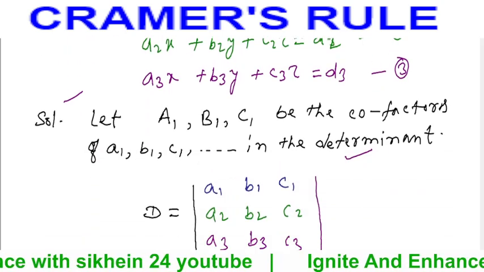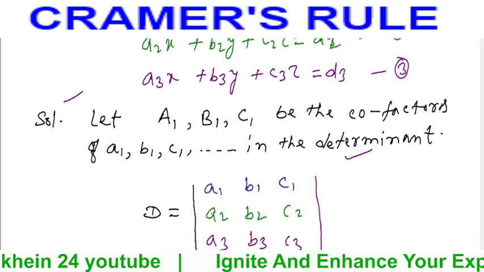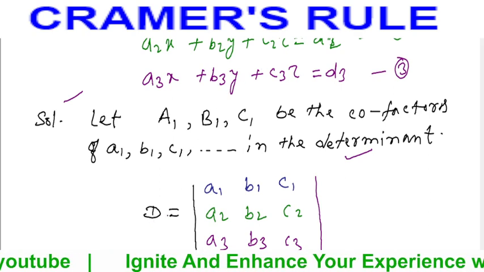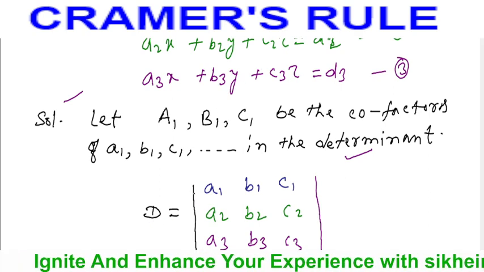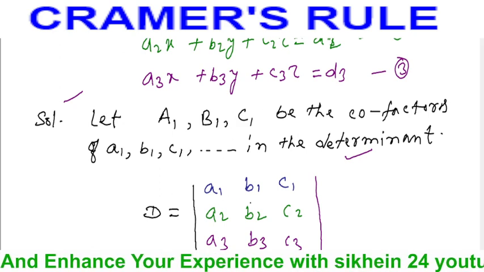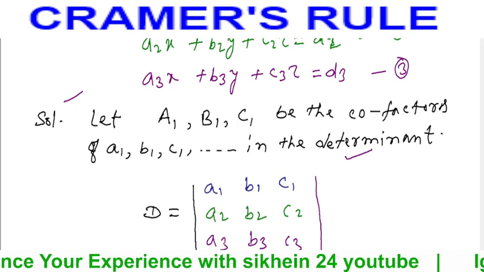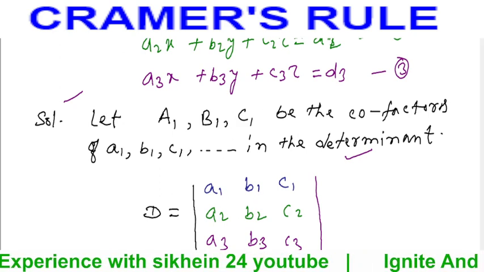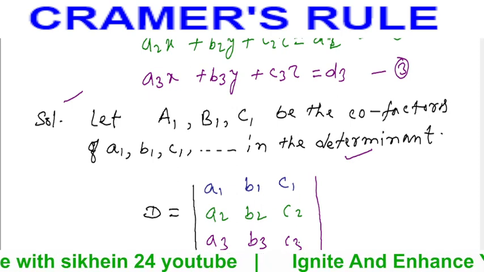Now we can write the above simultaneous equations here, that is D. D represents the determinant, as you know very well, and in the bracket put a1, a2, a3 column wise, b1, b2, b3 column wise, c1, c2, c3.